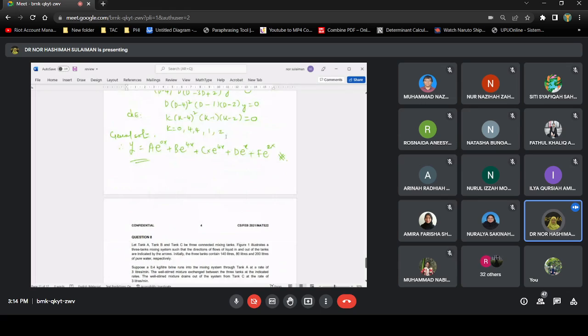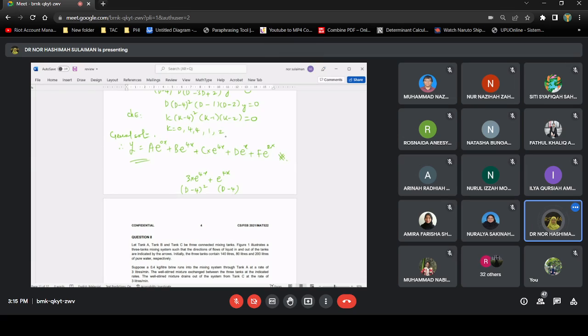Okay, maksudnya you asing dua tu macam ni, asing tadi 3x e kuasa 4x kan. Okay, so yang ini dia punya annihilator adalah D tolak 4 kuasa 2 kan. Yang ni dia tolak 4 kuasa 2 kan. So yang ini dia akan jadi didarabkan.